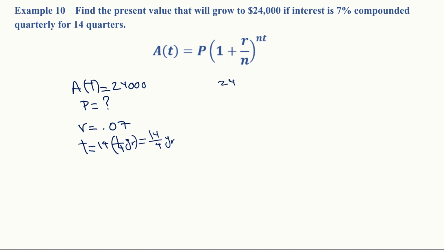So 24,000 equals P times, we didn't write the number of compounding periods. Remember, that's going to be 4. Quarterly means 4 times a year. So P times 1 plus 0.07 over 4 to the power of n, which is 4 times t, which we calculated is 14 over 4.